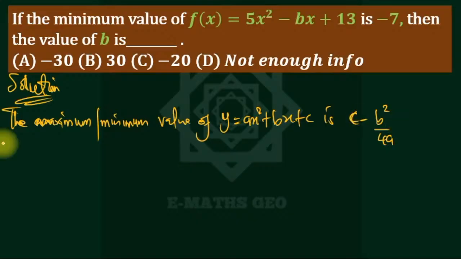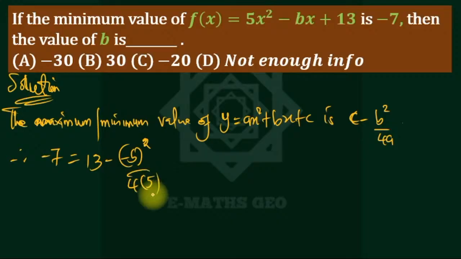So from here they gave us that this minimum value is -7. So -7 is equal to c. Here c is 13. So I have 13 minus b squared, minus b all squared, over 4 times a, where a is 5.